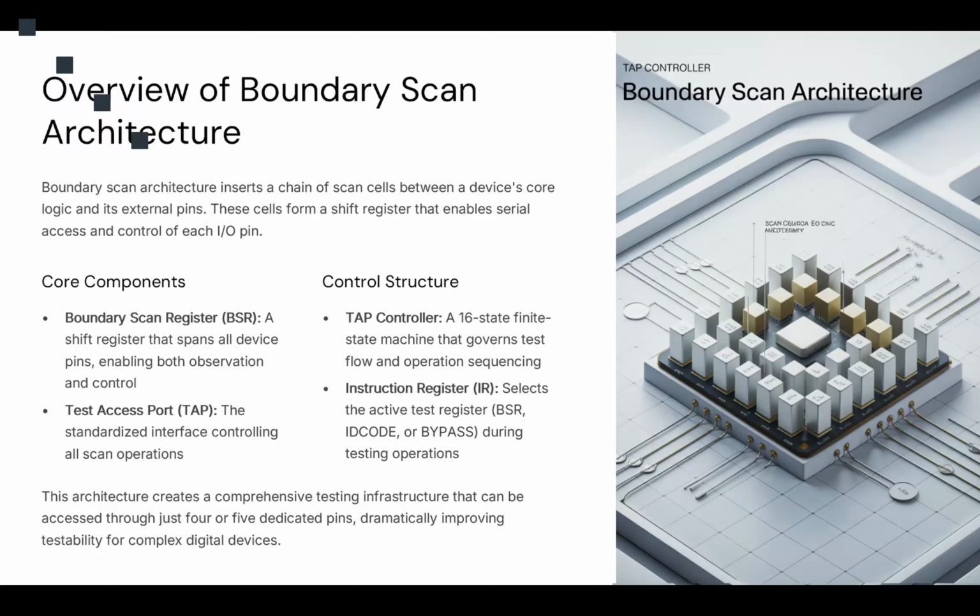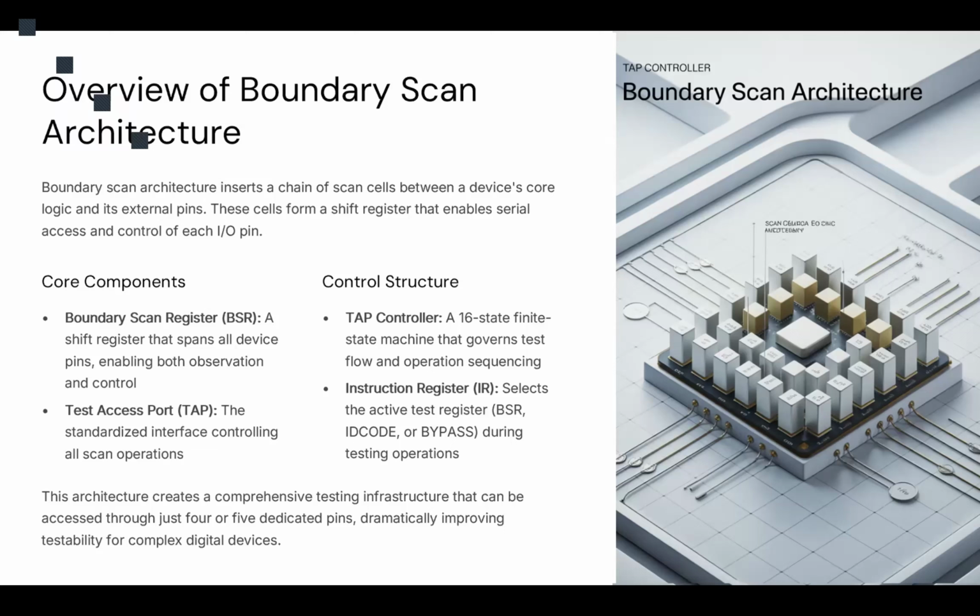That means every pin is dedicated as a scan cell. These scan cells act like digital taps that can intercept or inject logic values, and all of them are connected in series to form a shift register.